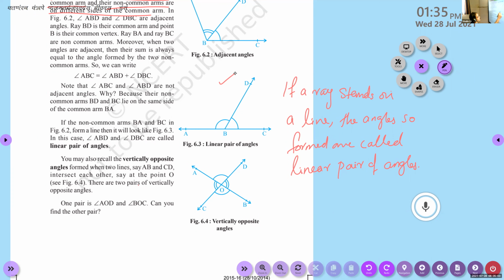Okay. After linear pair, you can write, if two lines intersect each other at a point O, then how many pairs of vertically opposite angles are there?